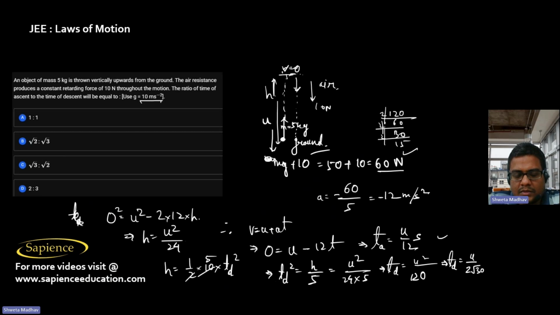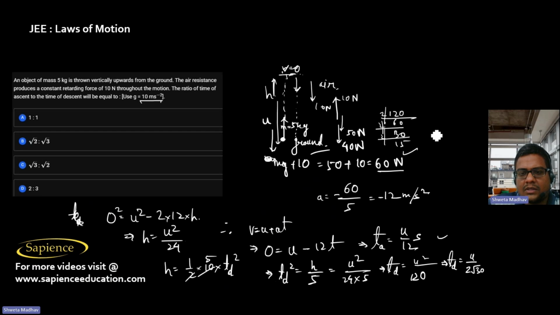V equals u plus at. So acceleration... no, here when it is coming downwards, the retarding force is acting upwards. The retarding force is 10 Newton, and downwards it is 50 Newton. So the net force acting downwards is 40 Newton.